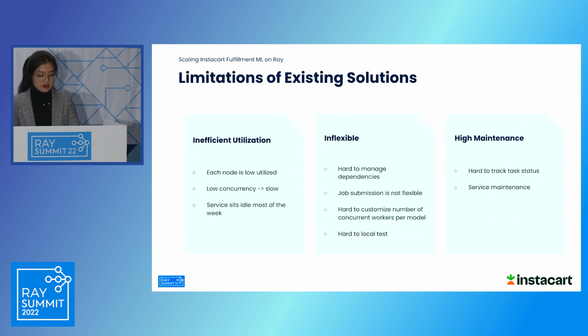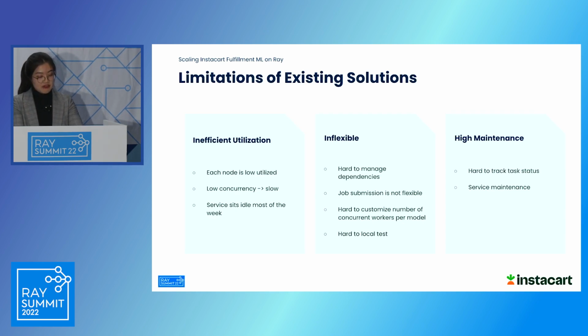This solution used to work pretty well at the very beginning when we had very few models. However, later as we onboarded more and more models in our production, we found this implementation is not scalable and has a bunch of limitations. First of all, we made multiple models share the same task queue and the same set of distributed workers. Later, it turned out to be very difficult to tune the resource requirement that fits all models.